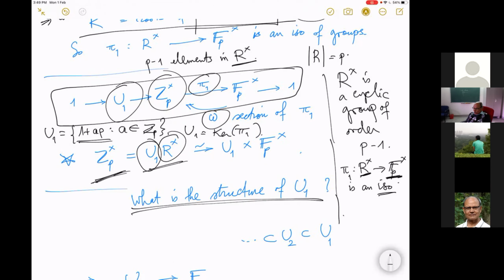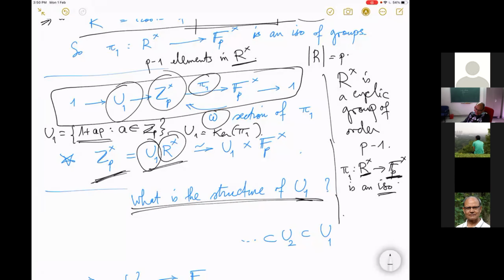So what is the structure of U1? But once you know what U1 is, you have completely determined the structure of Zp star. It is just the product of these two groups.